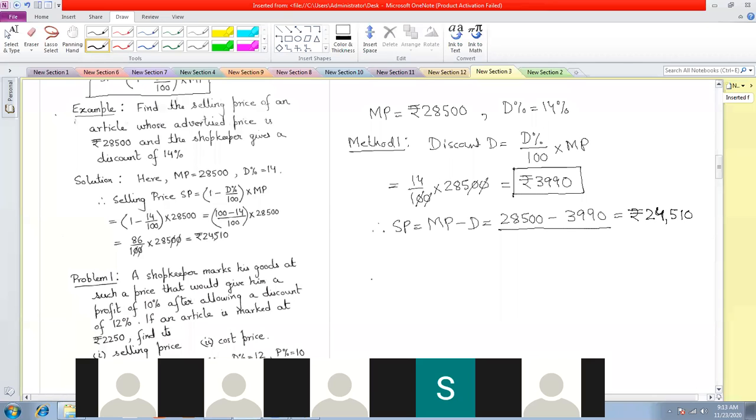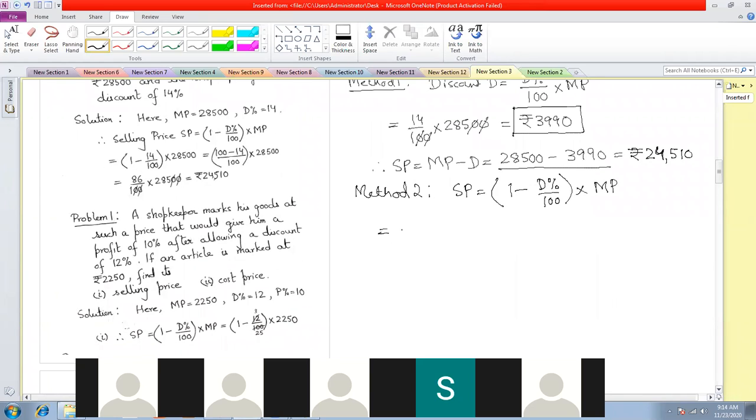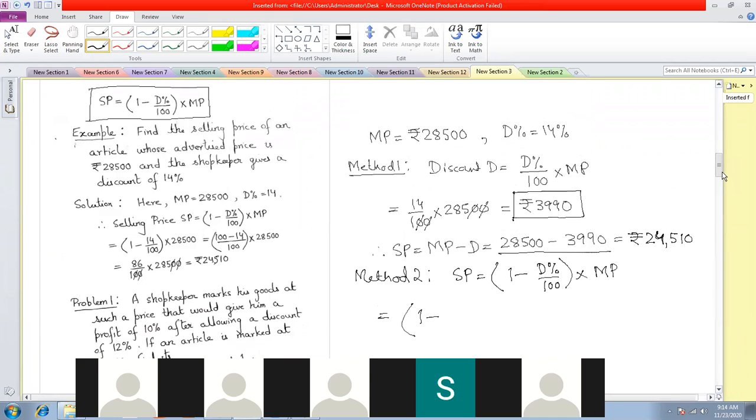But directly, if you want to calculate, then this formula is very useful. Selling price is equal to 1 minus percentage discount by 100 into mark price. You will get your selling price directly. See how. In this question, the discount percentage is 14%.